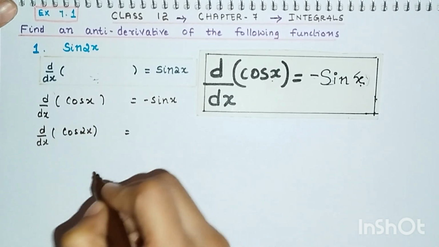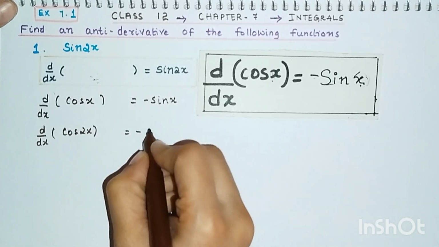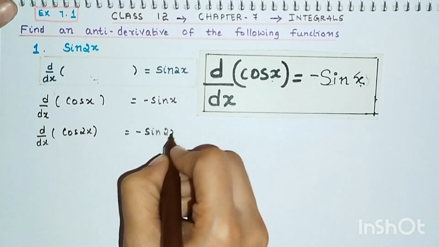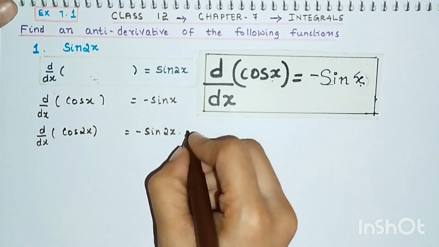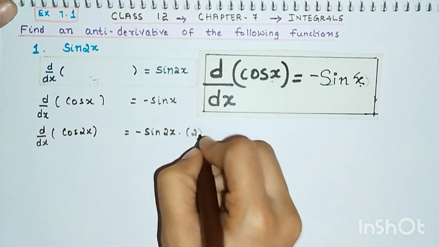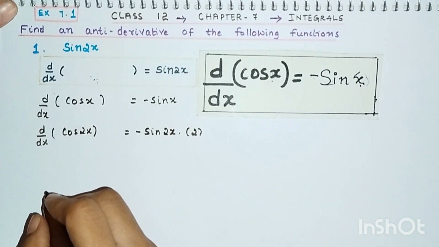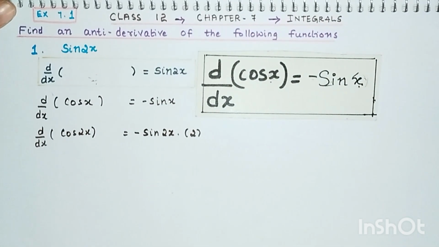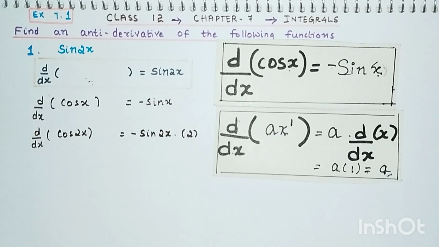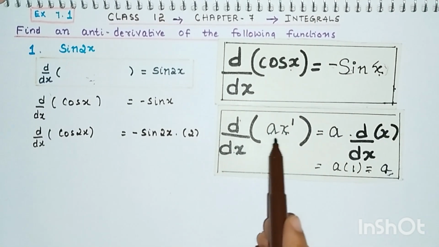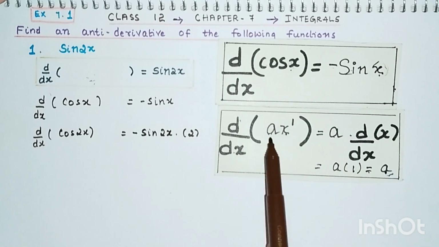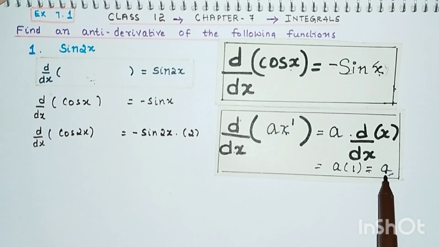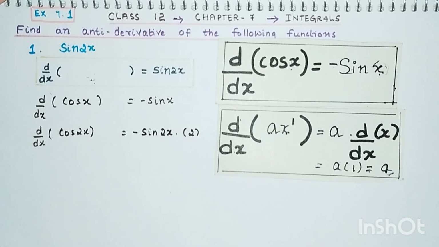If we differentiate cos 2x, we will get minus sine 2x, and we have to differentiate this 2x. If you differentiate 2x, you will get 2, right? Derivative of ax is a. Okay, so when you have 4x, 5x, 7x, you will directly write that constant.